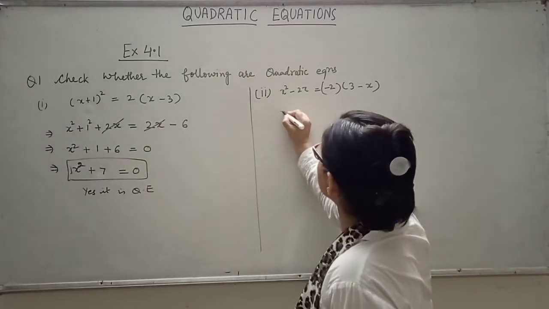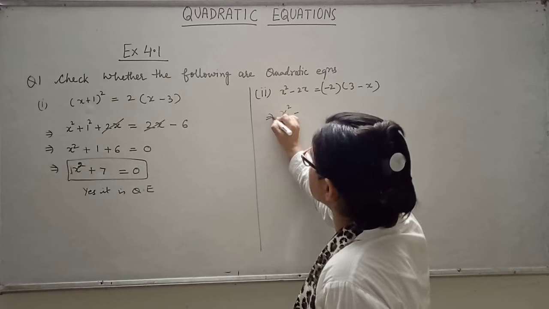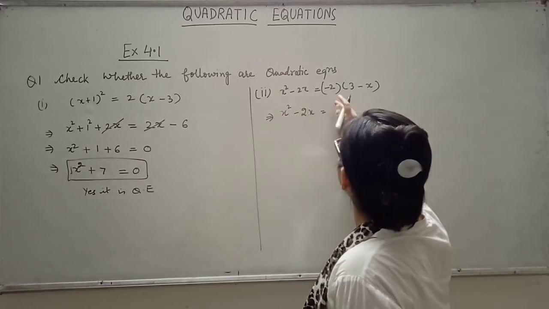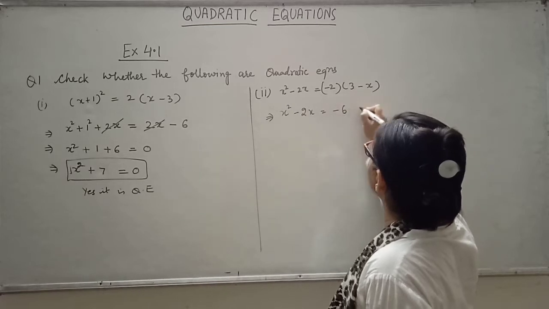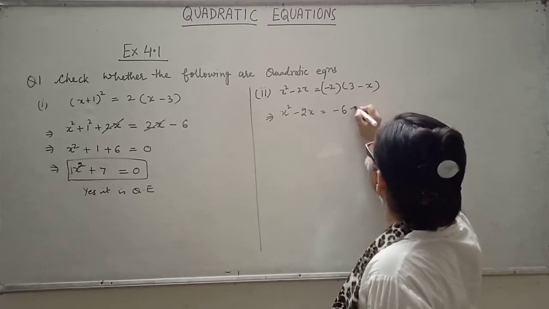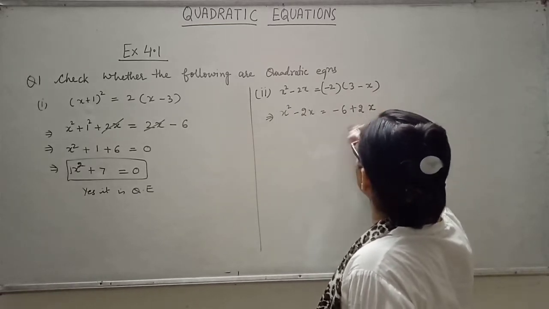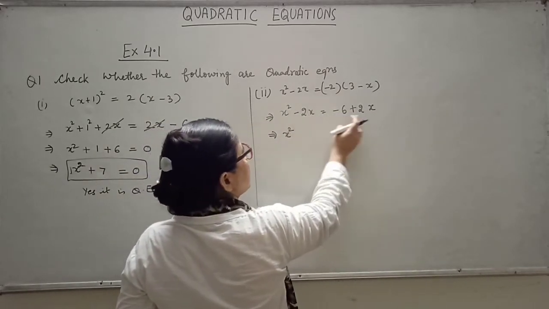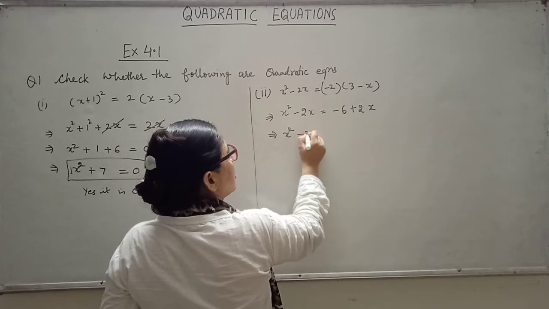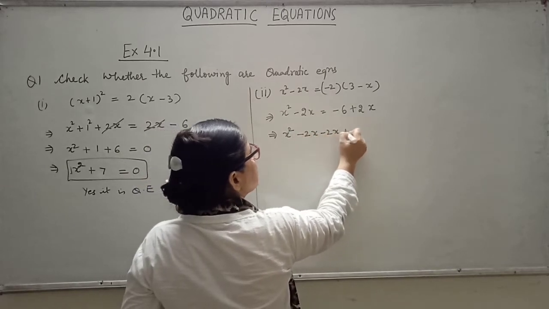Now this is x square minus 2x. Multiply this minus 2 with this expression. This is minus 2 into 3 is minus 6, minus 2 into minus x is plus 2x. So now it would become x square minus 2x, it would come to this side, minus 2x plus 6.